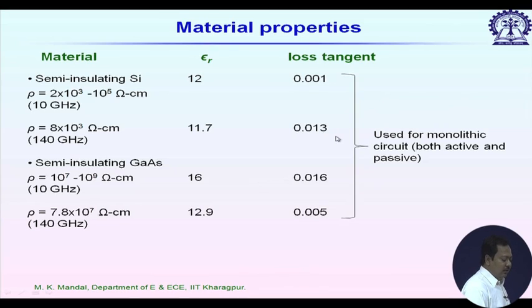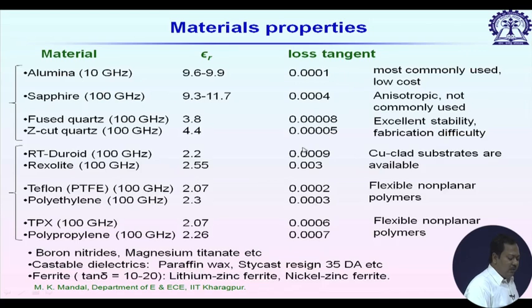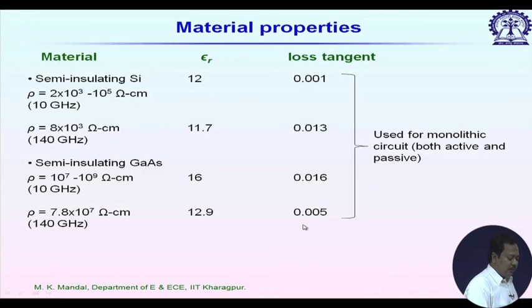It is high, but still we can use it for circuit realization. You can compare this 0.013 value with the previous table. For all those dielectrics, we have at least, let us say, 0.003, and here it's 0.013.